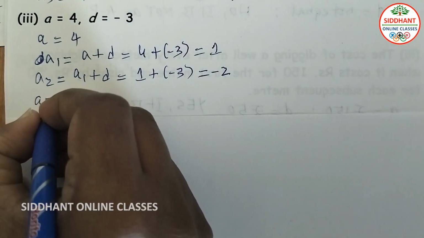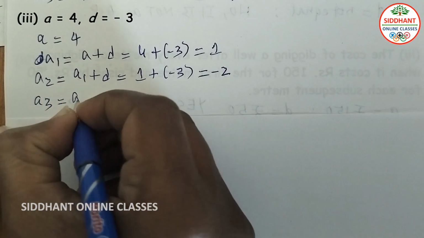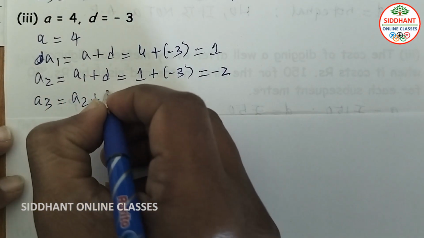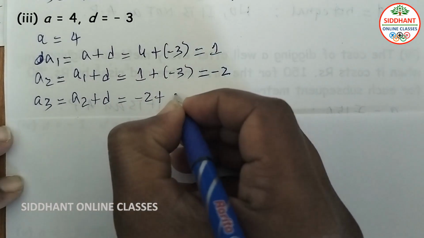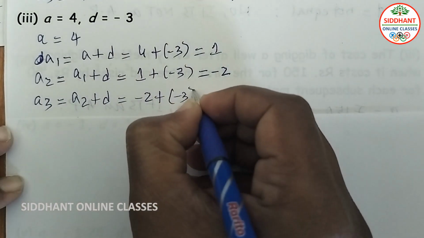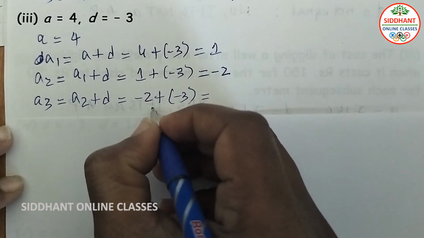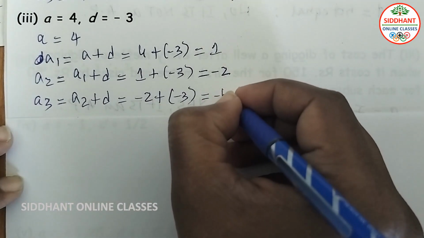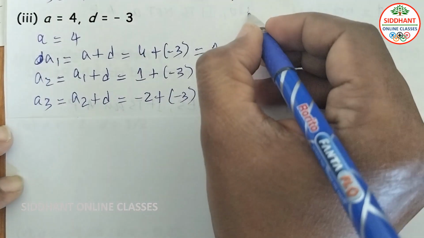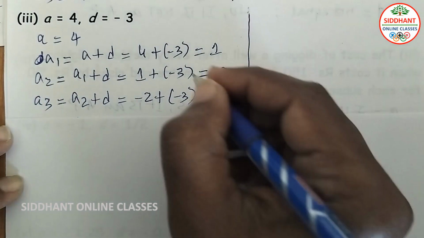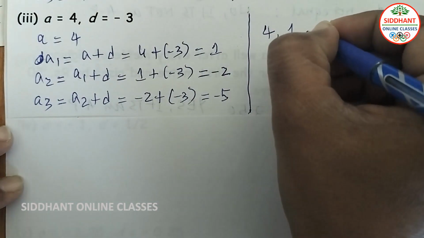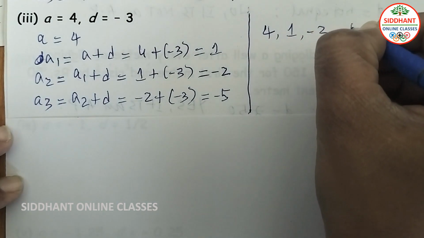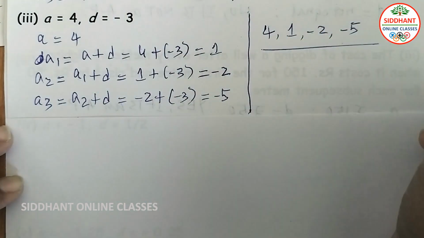Next, A3 is equal to A2 plus D. So that will be minus 2 plus minus 3 here. So that will be minus 2 minus 3, that will be minus 5 here. So the first four numbers are 4, 1, minus 2, minus 5 here.